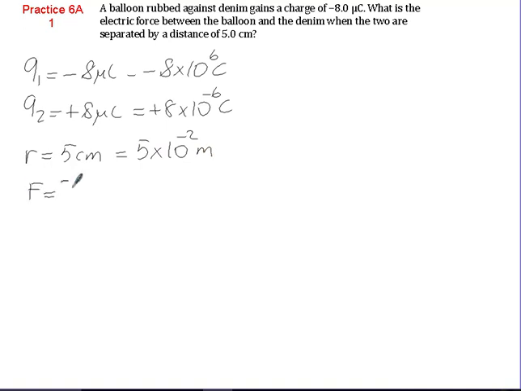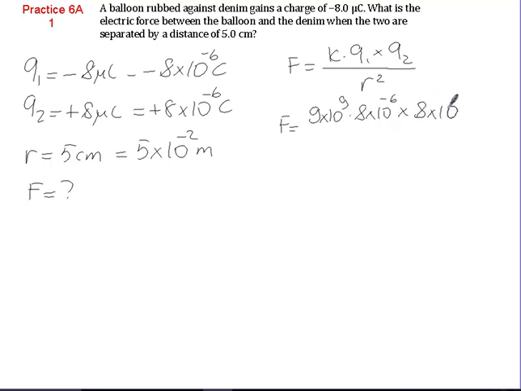What is wanted? Force, the electric force F. We know F is equal to k multiplied by Q1 multiplied by Q2 divided by the square of the distance between them, r squared. Then F is equal to, k is 9 × 10 to the 9, a constant. Q1 is 8 × 10 to the power of minus 6, and Q2 again 8 × 10 to the power of minus 6.